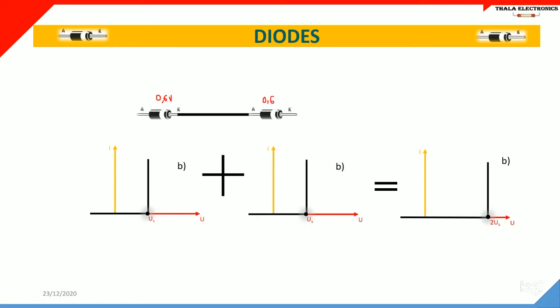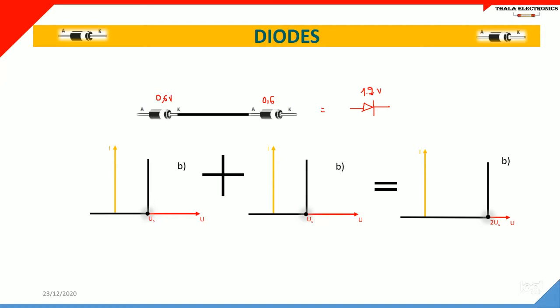The result when we connect these two diodes in series is a diode with 2 multiplied by US, that means 1.2 volts.